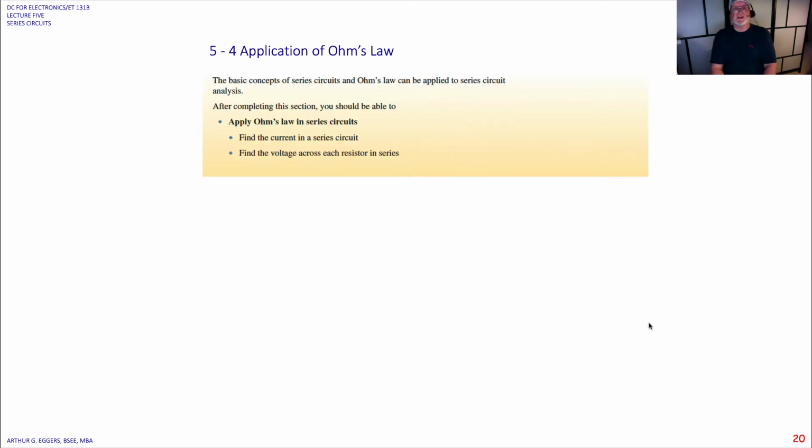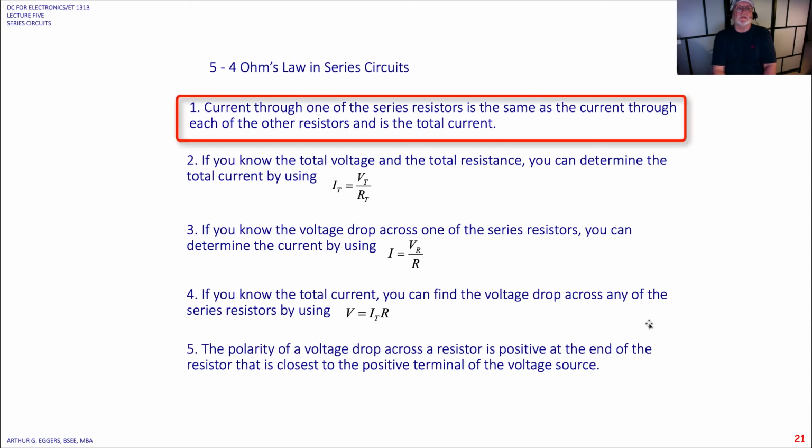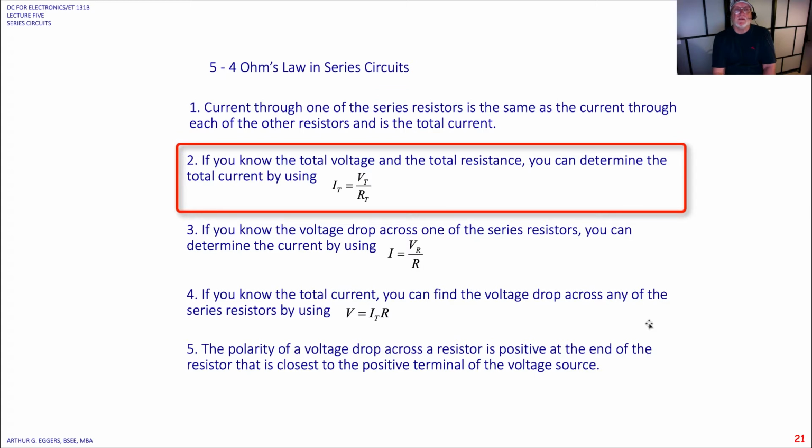So let's look at this in terms of applications of Ohm's law. Let's just read through these. 1, current through one of the resistors in series is the same as the current through each of the other resistors, and it is the total current, I sub t. 2, if you know the total voltage and the total resistance, you can determine the total current by using Ohm's law.